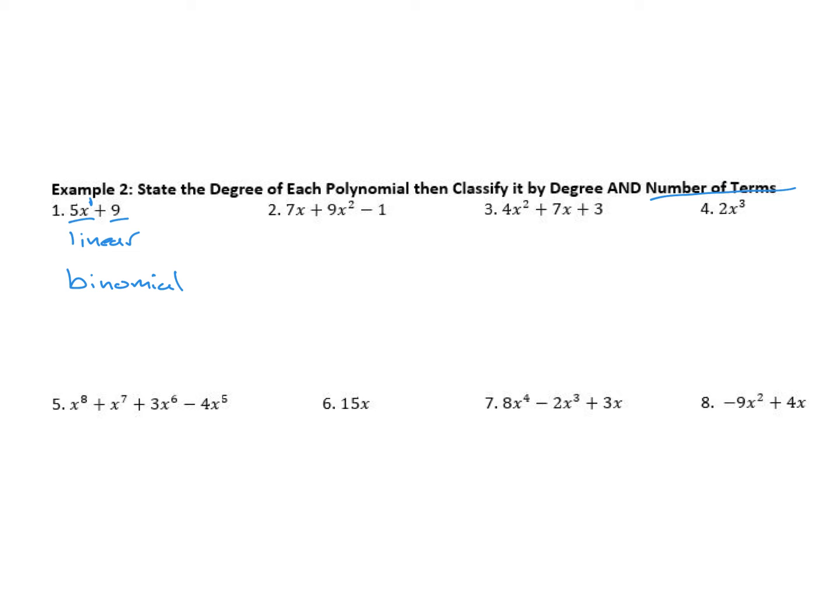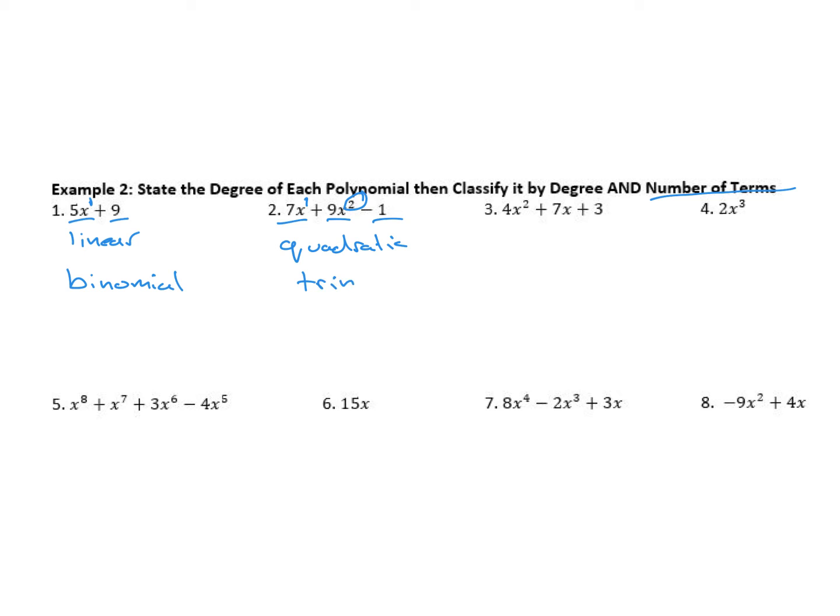Okay, when we look through example 2 and we start looking for degrees, well, here we have a 1. Our biggest one we have here is to the second degree. The second degree is going to be what we call quadratic. And when we look for the number of terms, well, that's 1, 2, 3.